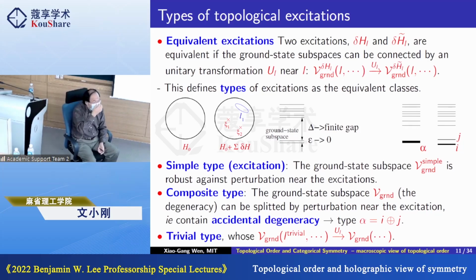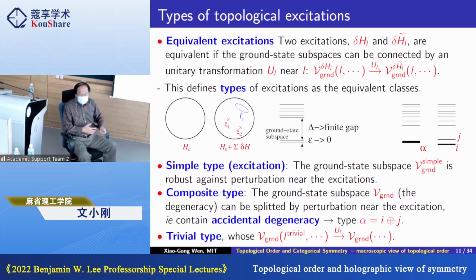Originally, excitations are labeled by this delta H Hamiltonian. It's very non-universal and has a lot of parameters. But when you implement this equivalence relation, there are only a few types at the end. This is the so-called anyon type. This topological excitation type is defined this way, very carefully, using traps. Yeah, we get that.